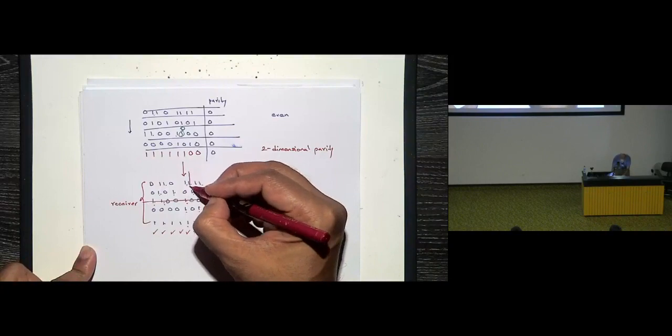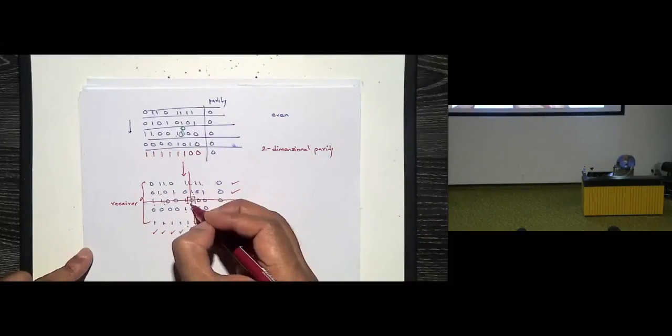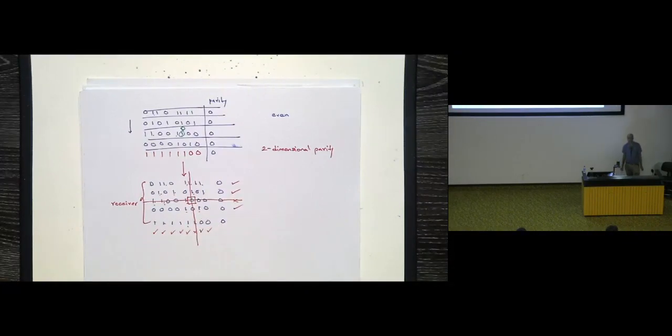So I know that this particular column has a problem. And the intersection of the row and the column is at this bit. So I know that that is the bit that has a problem. So now I can change that 0 into a 1, and I have corrected my error.